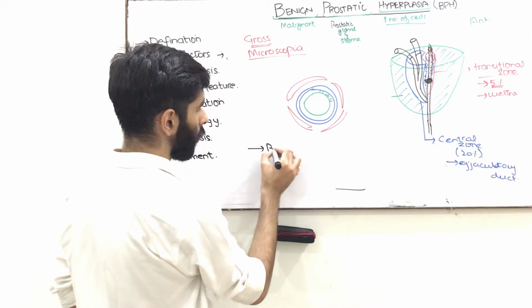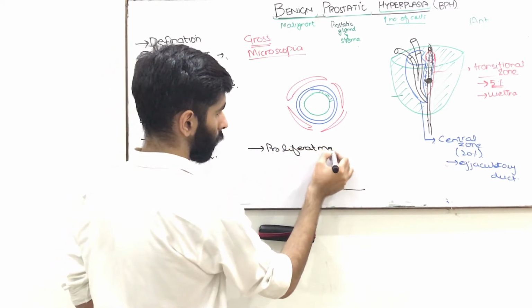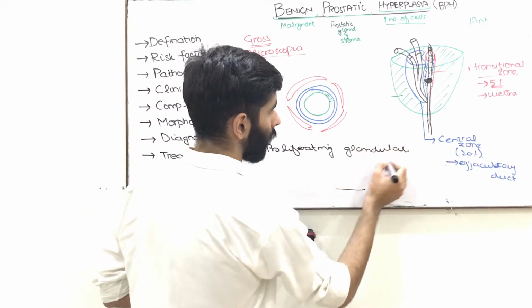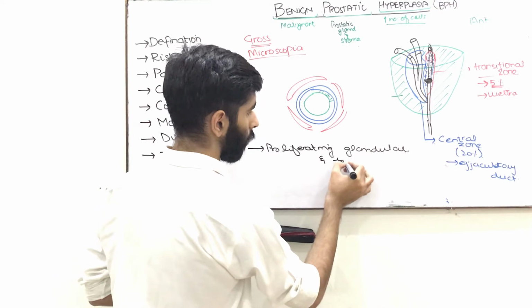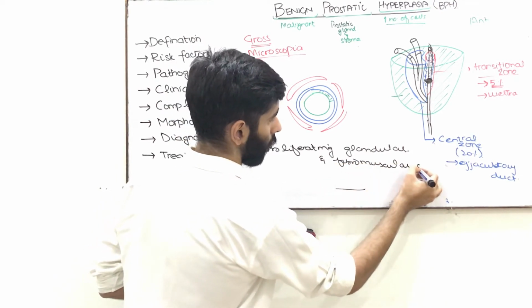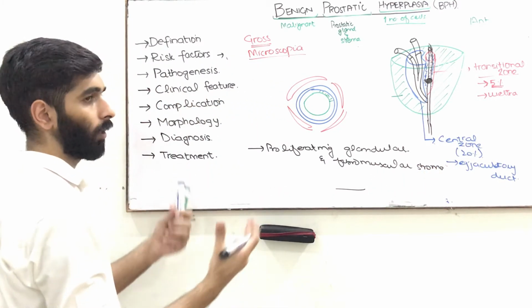So there will be proliferating glandular component due to decreased turnover and fibromuscular stroma, meaning both are proliferating.